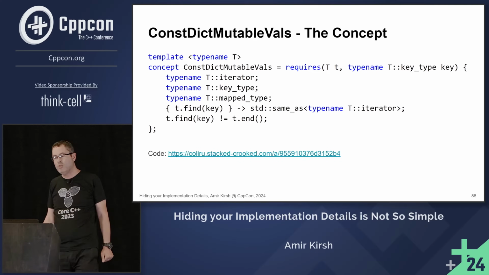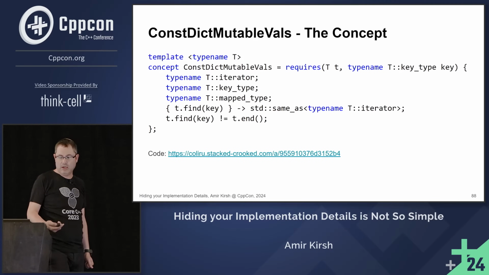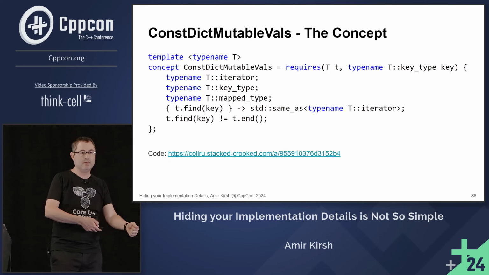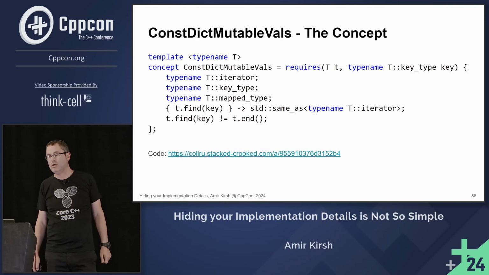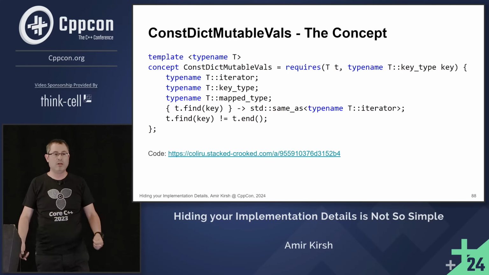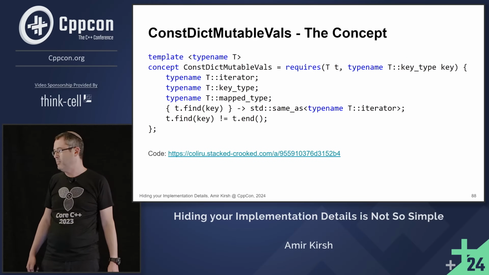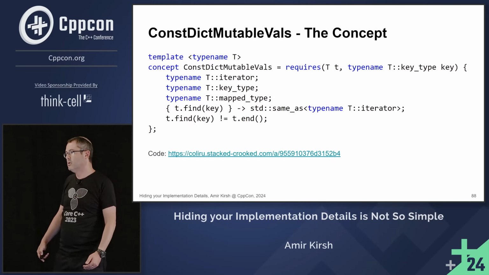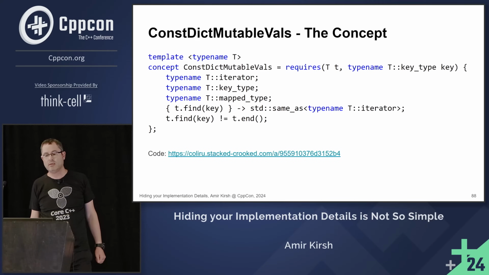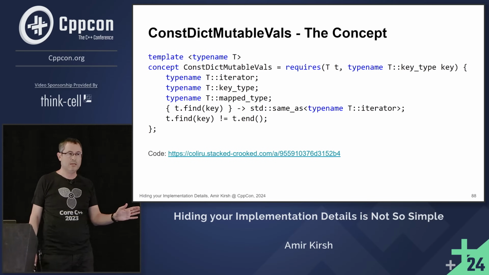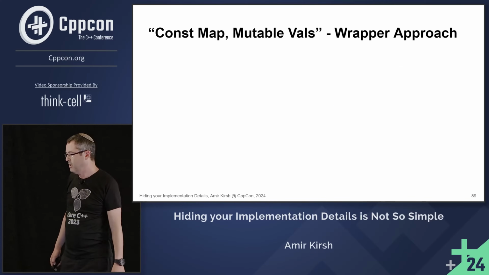If you want to think how this concept would look like, the concept would say, we have an iterator and a key type and a map type for this argument that you are providing for this concept, and it should have a find function, and the find function should have a not equal with an end function. So all these things that are in the concept are being checked as, does this type that we provide adhere to these requirements at compile time? And again, I should still check that the function doesn't use anything else.